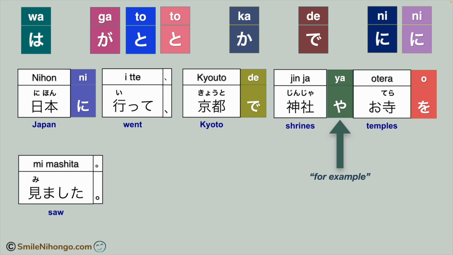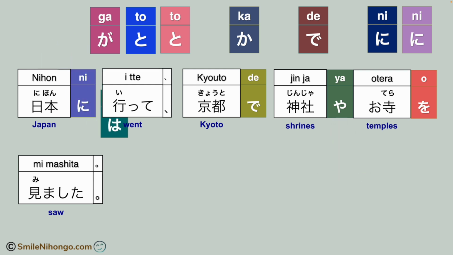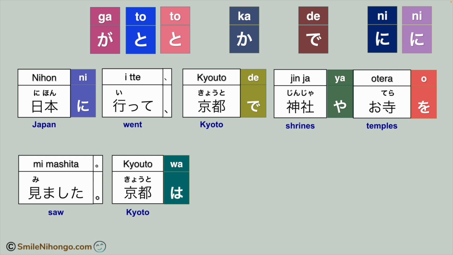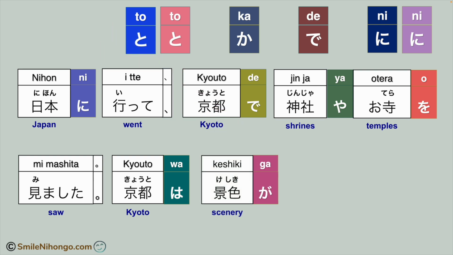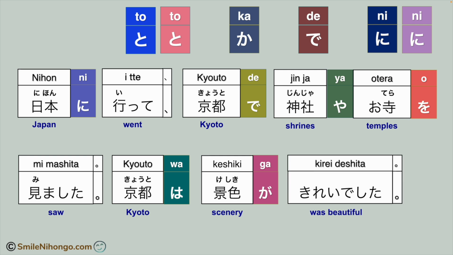And I will continue with this sentence. 京都は景色が綺麗でした。Now in this sentence, Kyoto is treated as the main topic. So you are saying regarding Kyoto or as for Kyoto. 京都は and 景色 scenery is the specific topic about Kyoto in this sentence.